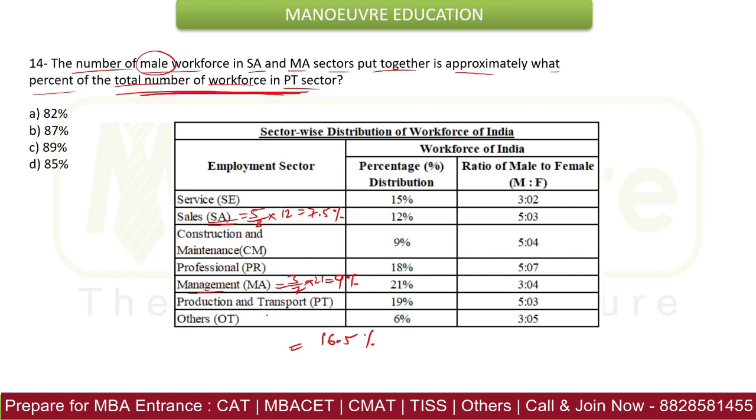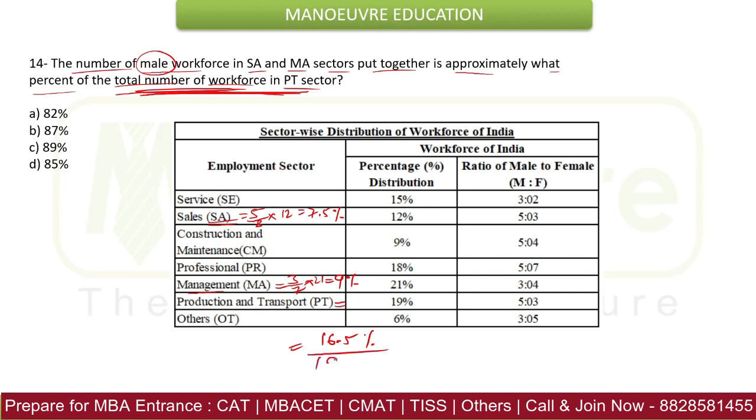Total workforce in PT sector, that is production and transport. You have to compare this with the production sector, which is 19%, the total number of workforce here.